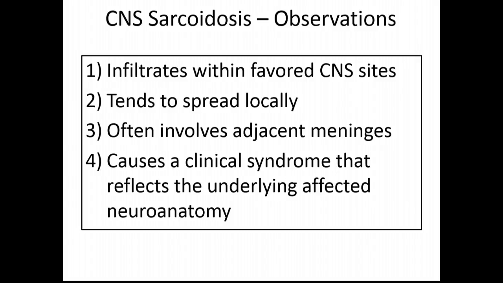In the brain, it often causes a meningitis. And at the end of the day, it causes a clinical syndrome that reflects the underlying neuroanatomy. That's pretty straightforward to us in neurology, but when you're trying to explain what sarcoidosis can do to non-neurologists, it's not helpful to say it can do everything. It can't, but it causes problems wherever it infiltrates.